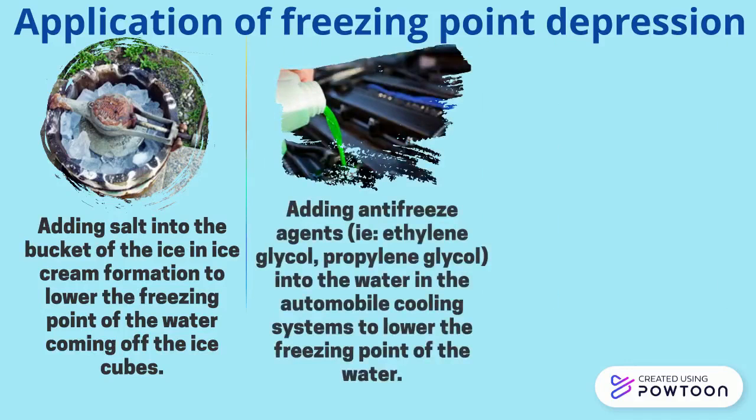Second, lower the freezing point of the water in an automobile cooling system by adding antifreeze agents such as ethylene glycol and propylene glycol to prevent the automobile engine from bursting due to expansion when water freezes.